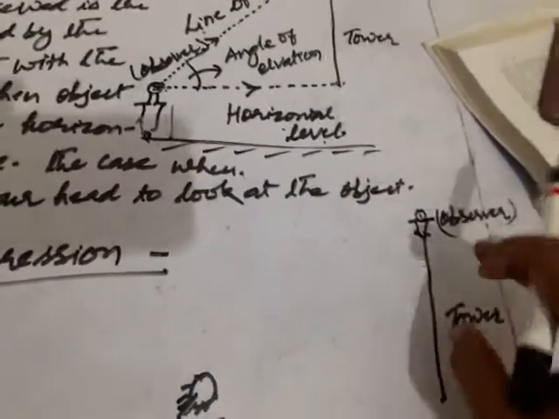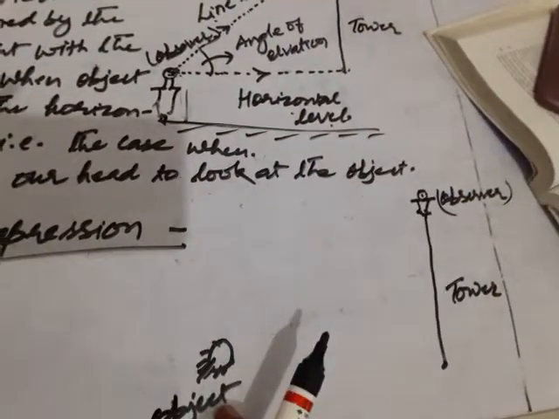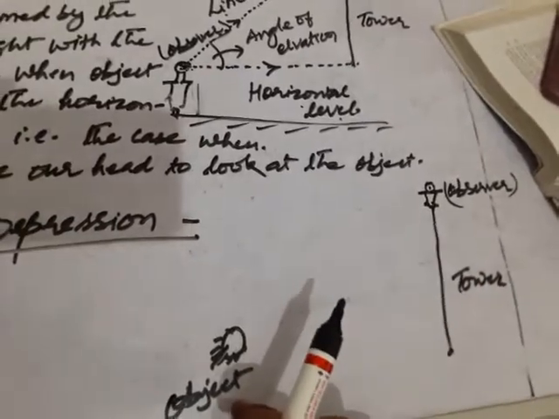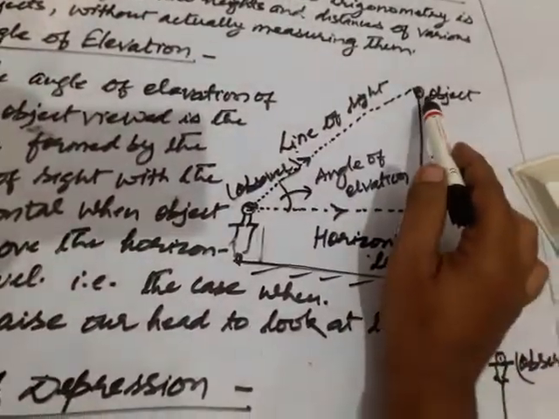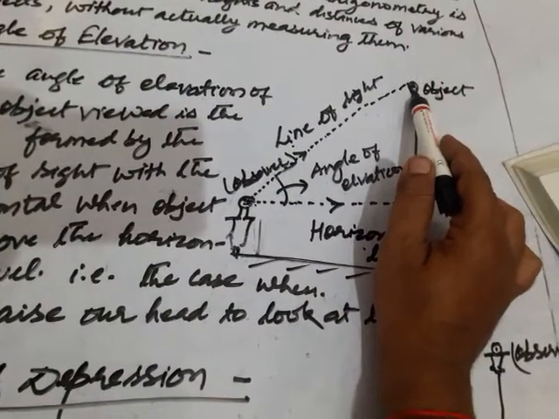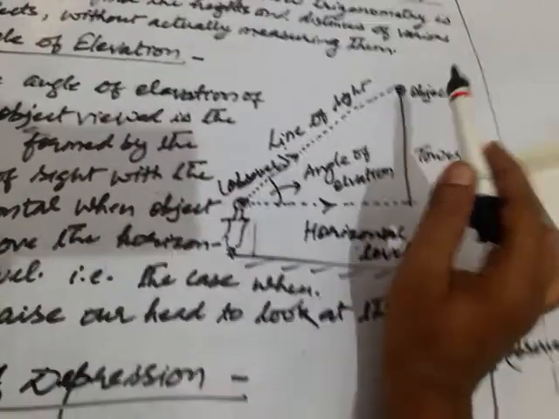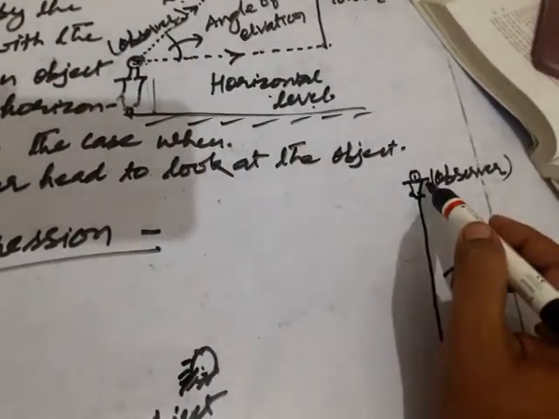Here the object is kept below the horizontal level. In the above case, angle of elevation, the object was kept above the horizontal level. Here in angle of depression, the object is kept below the horizontal level. Now the observer is observing this object from the top of the tower.